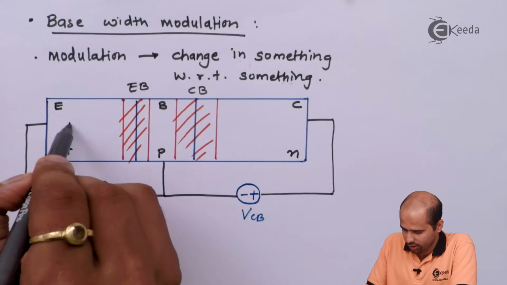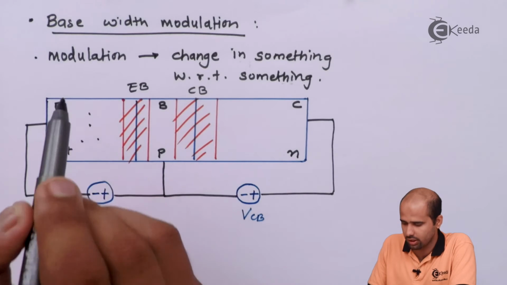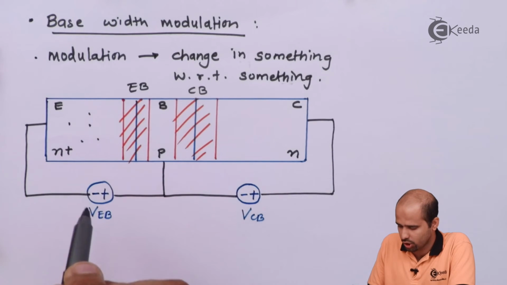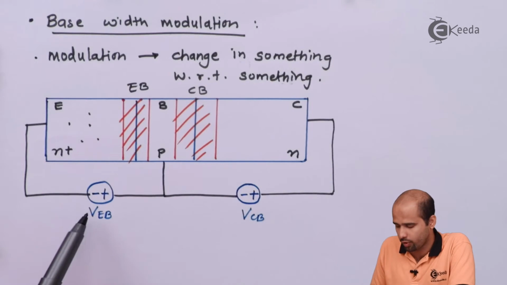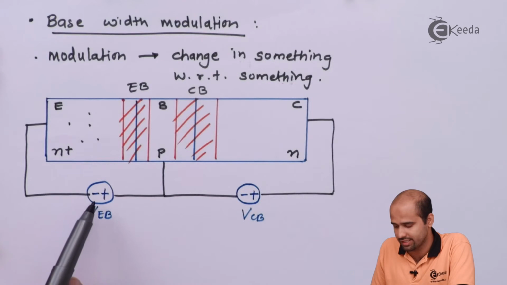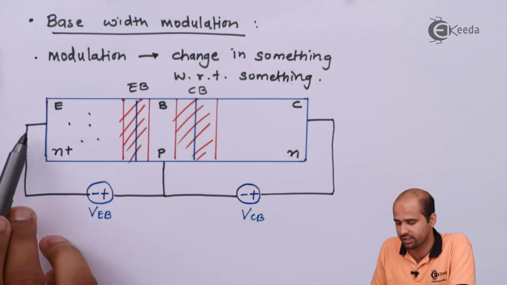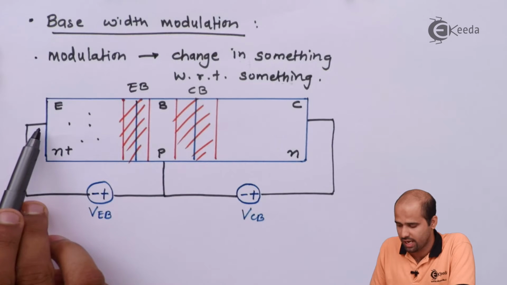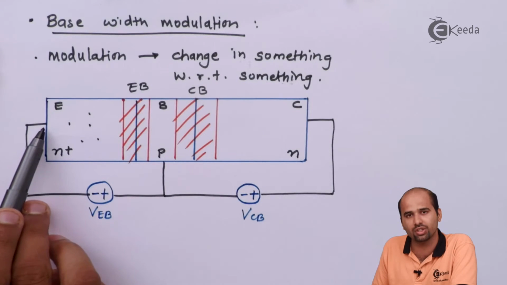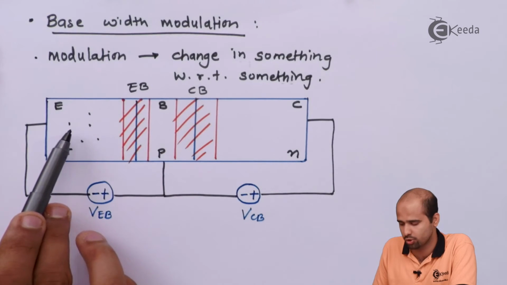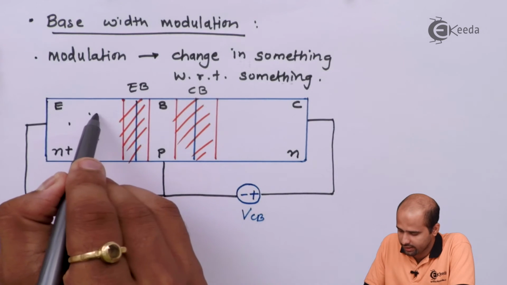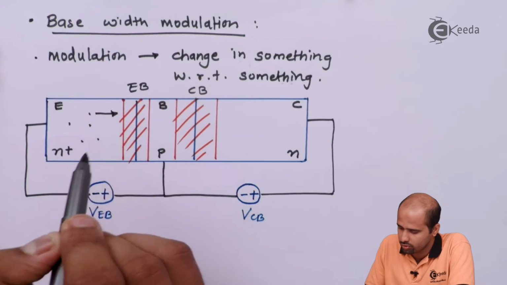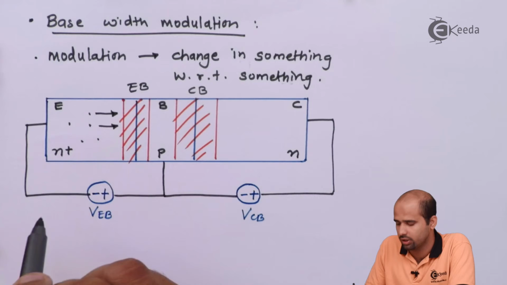Consider the fact that all electrons are present in this emitter region, and these electrons will try to repel from this external battery, that is the negative terminal, which is connected towards the emitter region. As the negative terminal is connected to the emitter region, electrons are negatively charged, so they repel each other, and electrons will try to enter this particular region.